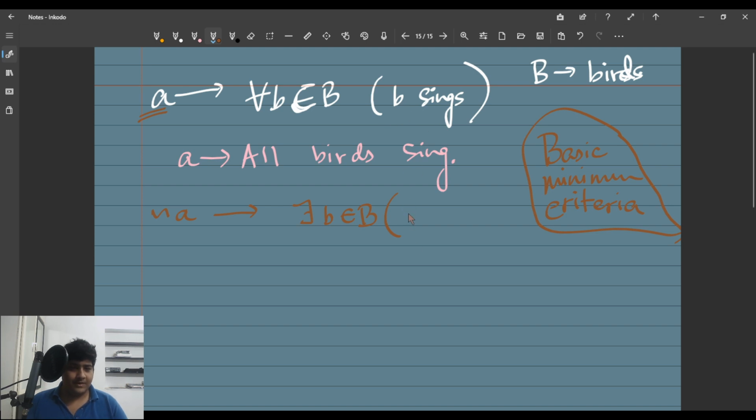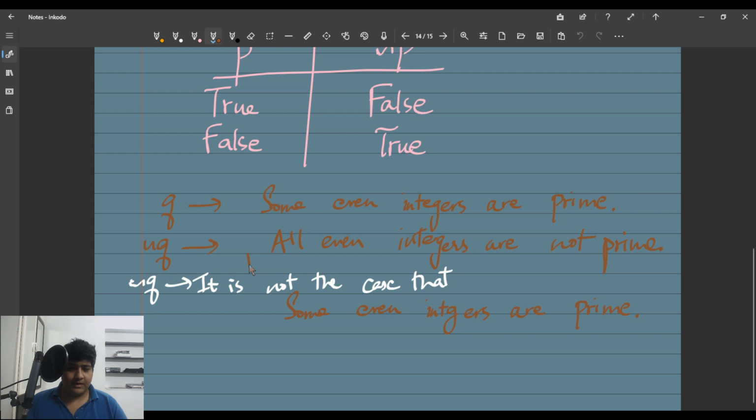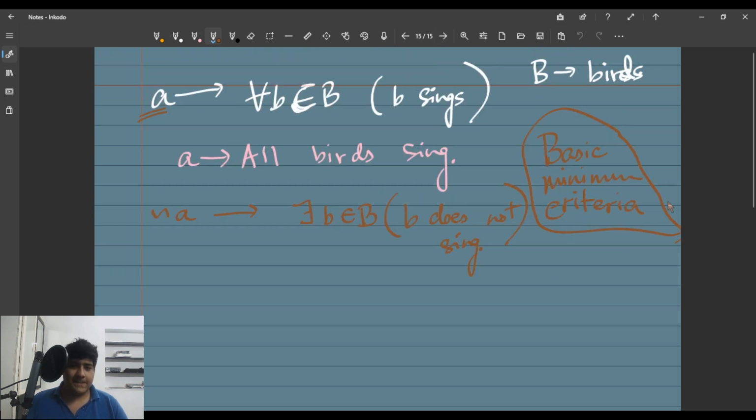So here b used to sing, now b does not sing. See how easy it is to convert it from notation for all statements to there exists. And that's why in the previous slide, I wrote it in this form. So this is the reason. Okay.